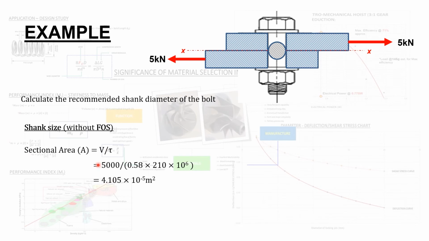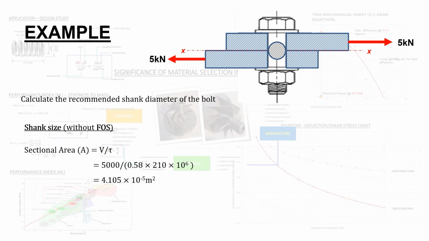So A is equal to the shear force V divided by tau, which characterizes the shear yield stress. Thus, 5,000 divided by the yield shear stress, which is 0.5 times 210 times 10 to the power 6, and that gives us an area of 4.105 times 10 to the power minus 5 meter squared.